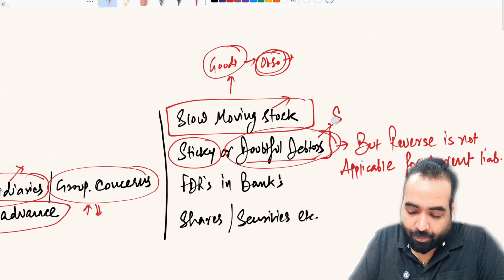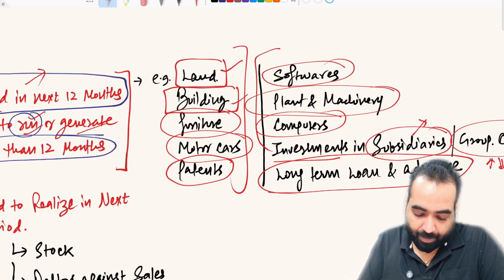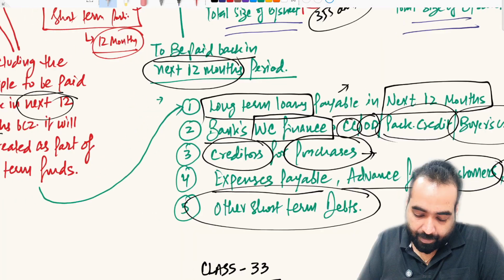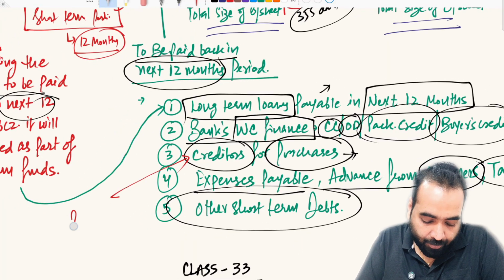To some parties you have sold the goods, and from some parties you have bought the goods.